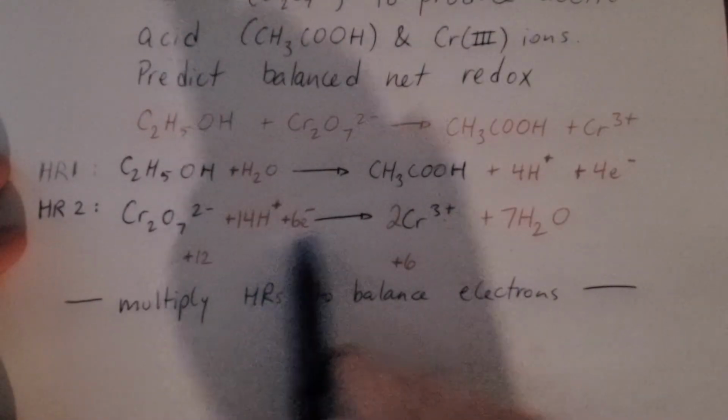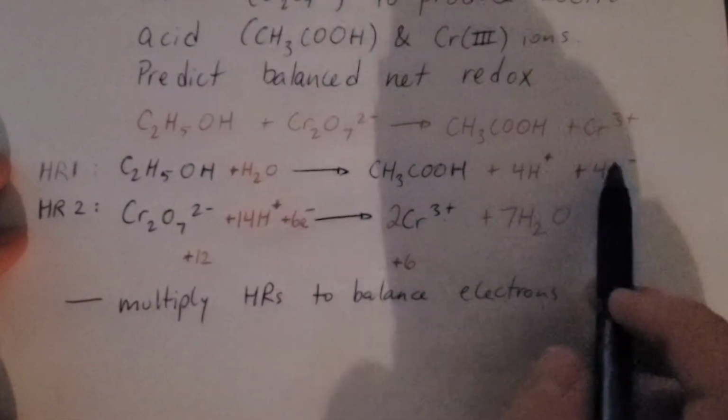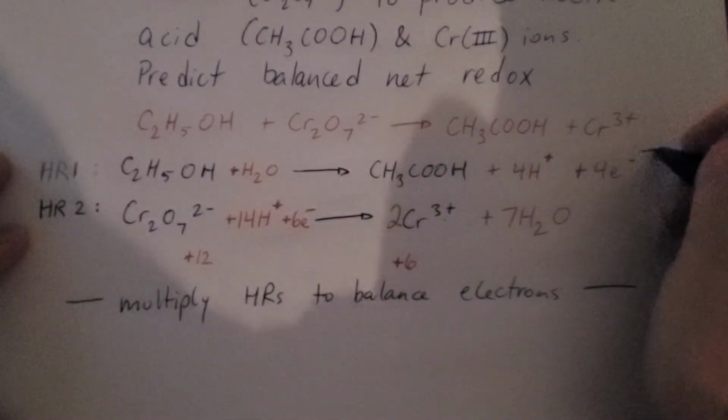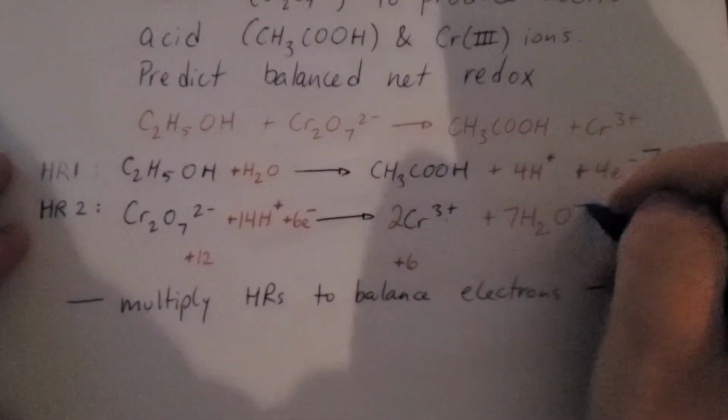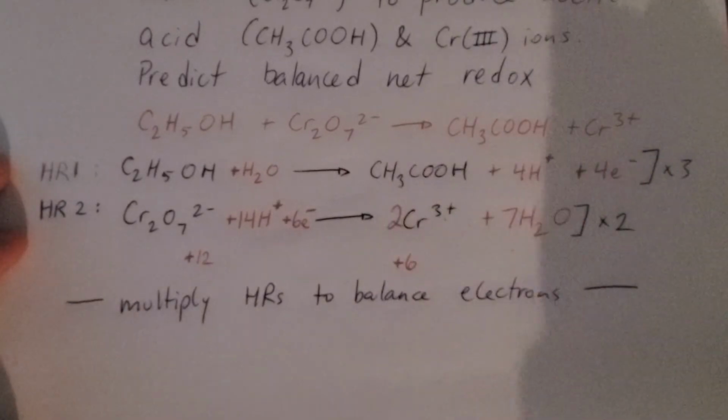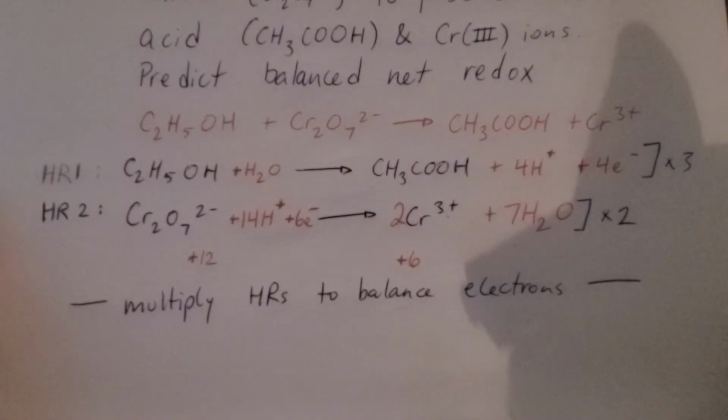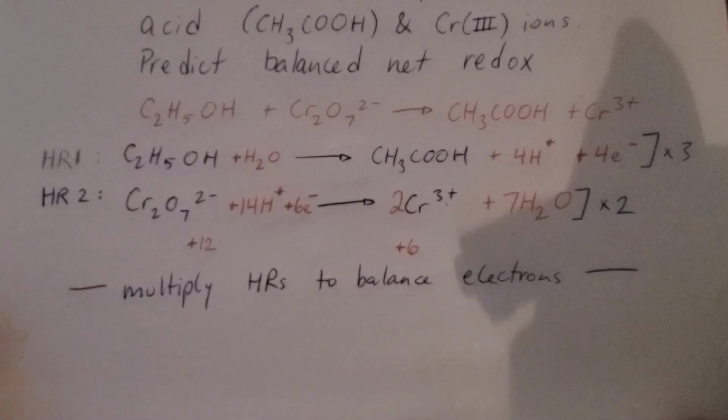So we're looking for a lowest common multiple. This one's not too bad, 4 and 6. If I multiply this guy by 3 and this guy by 2, they'll each have 12 electrons.